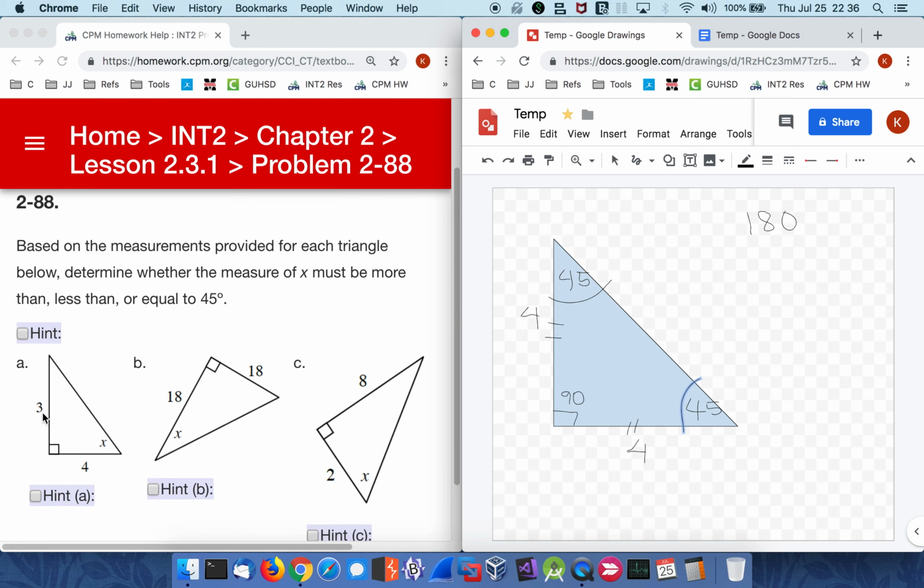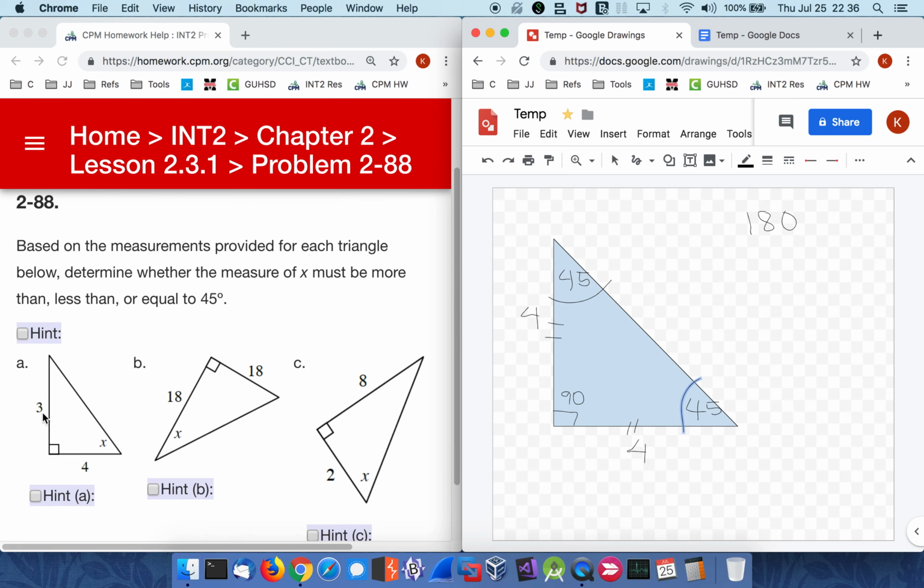Let's say I shrink it down to like 3, so you can kind of see what happens to the angle. Watch what happens to that 45-degree angle. Well, now it's got to be less than 45 degrees, because when I shrink this side down to be like 3, it looks like that.